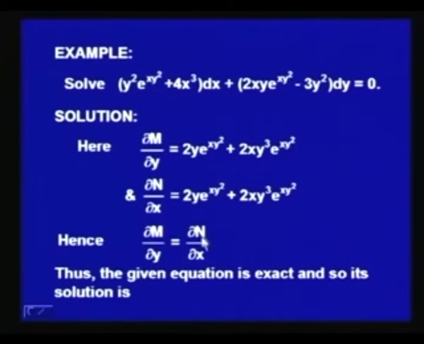So, delta M over delta y and delta N over delta x are both equal, and therefore, the given equation is an exact differential equation.